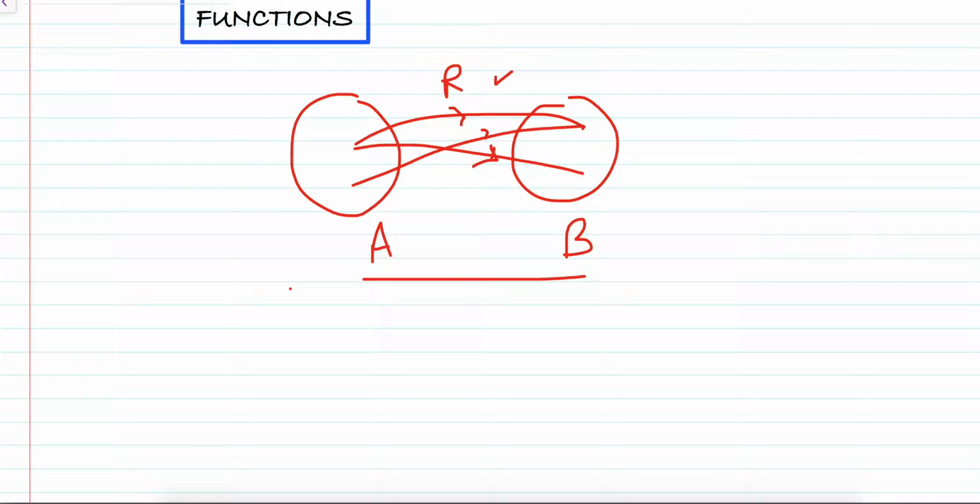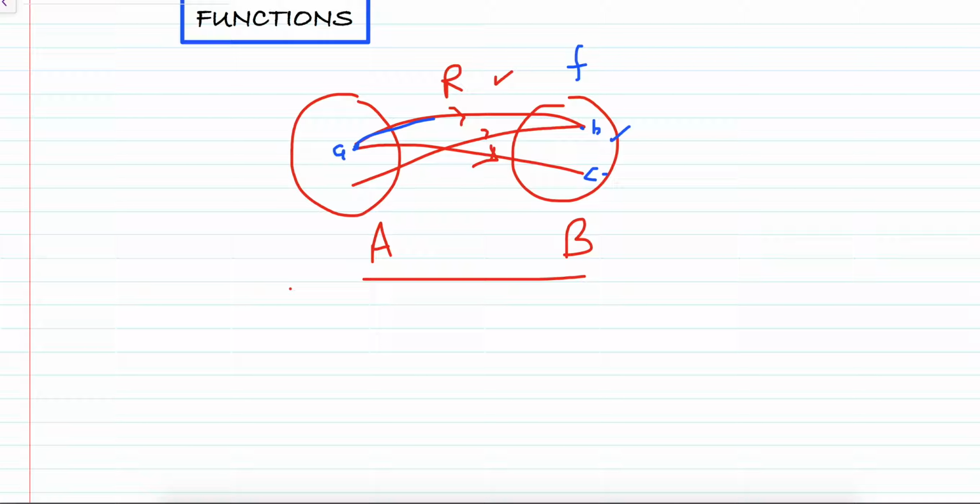For example, here we see that this element has two images. There is an arrow going from this element, suppose small a, to B and C. So this element a has two images in B. So this is not a function.